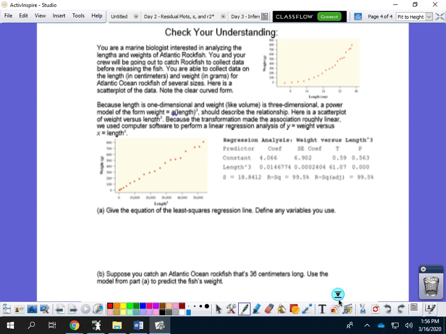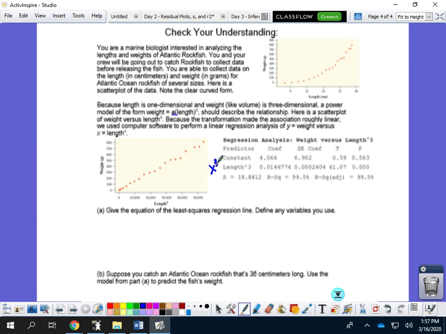So we'll look at this. Give the equation of the least squares. Everyone read this up there. It's always important. Okay, great. So what you can see is that it says weight versus length cubed. And so now we know our x is cubed.